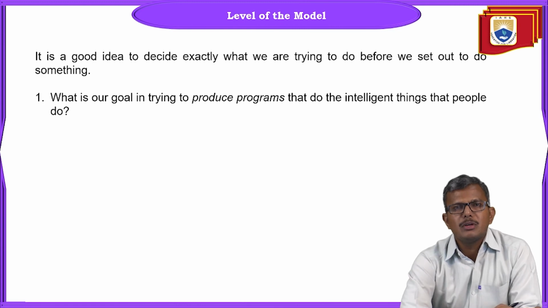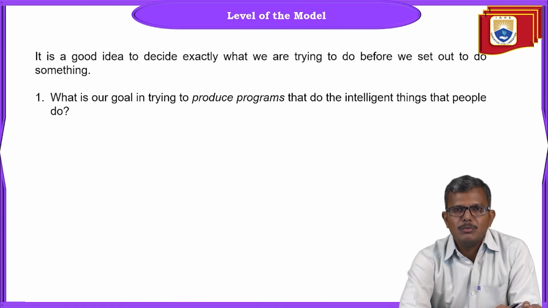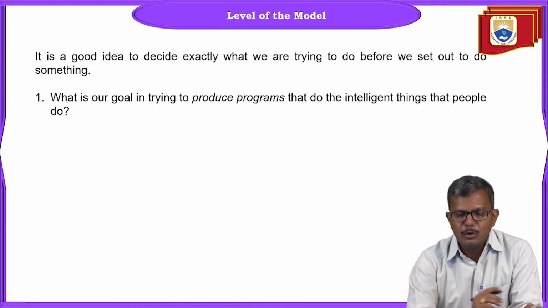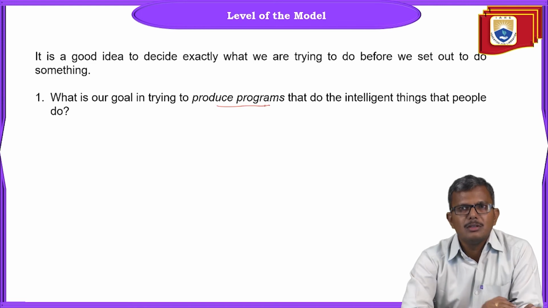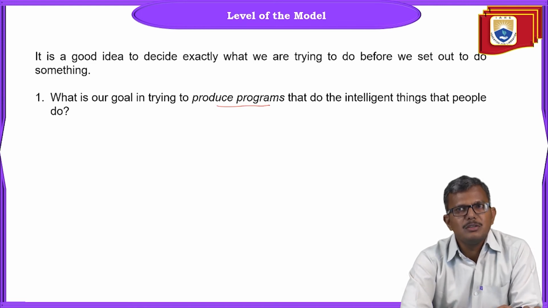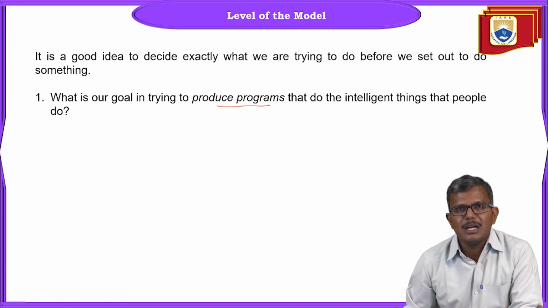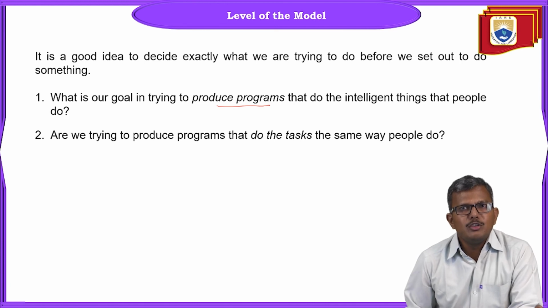So, what is our goal in trying this? Means, what is our primary motto? Are we going to produce programs that do the intelligent things that people are doing nowadays? And also, are we trying to produce programs that do the tasks the same way people do them?